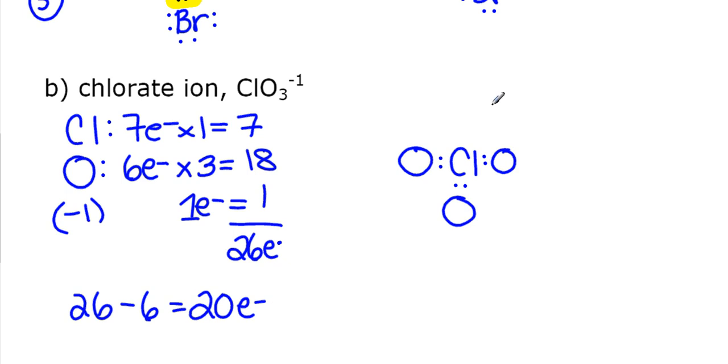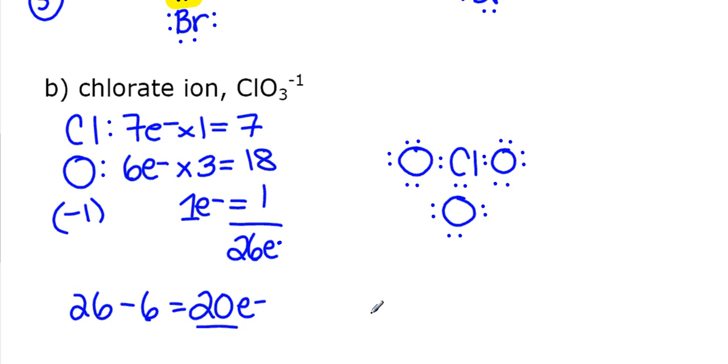So you can start at any oxygen. 2, 4, 6, 8, 10, 12, 14, 16, 18. So I filled up all of the spots around the oxygen. I've put in 18, but I had 20.